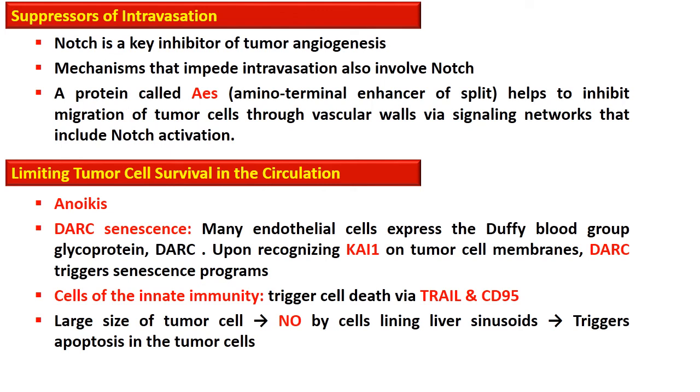So this is termed as DARC senescence. Cells of innate immunity also trigger cell death via TRAIL and CD95, and in some tumors, large size of the tumor cell will result in the release of nitric oxide by the cells lining the liver sinusoids, and this triggers apoptosis in the tumor cells.